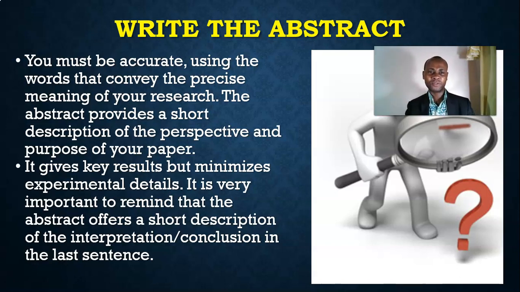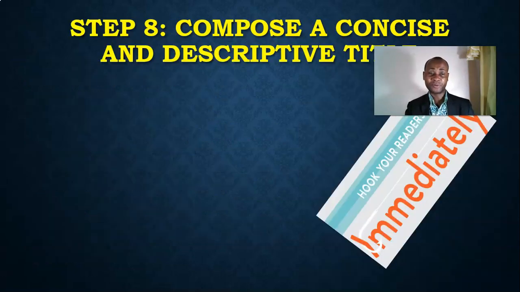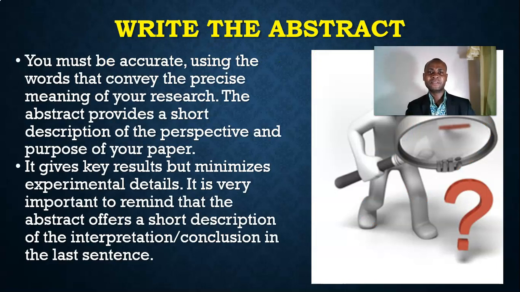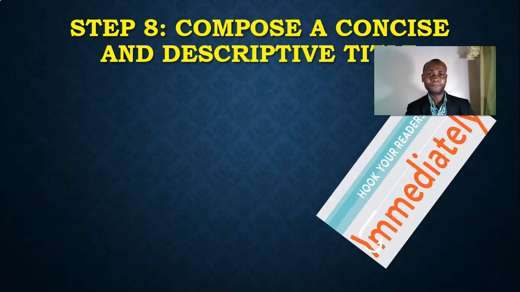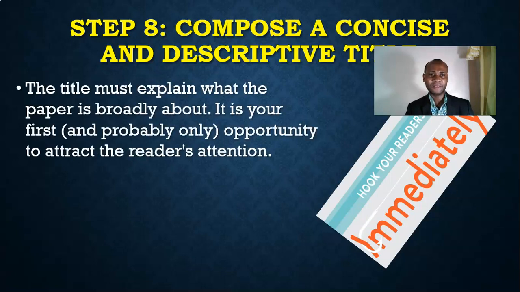Whoever wants to read your paper, after the person reads the title, the next thing will be the abstract. And then whether to continue to read the paper will depend on what the abstract is talking about. Okay, step 8, compose a concise and descriptive title.